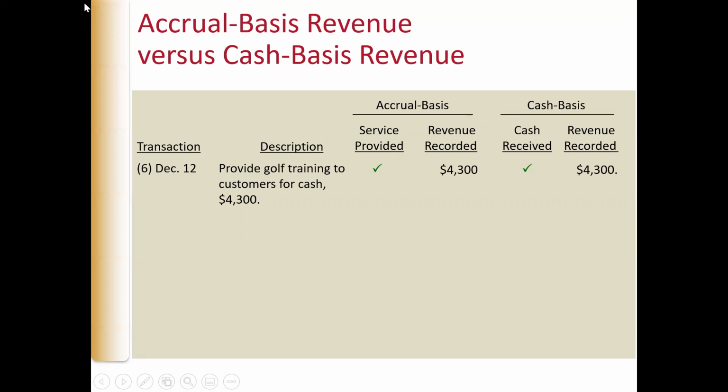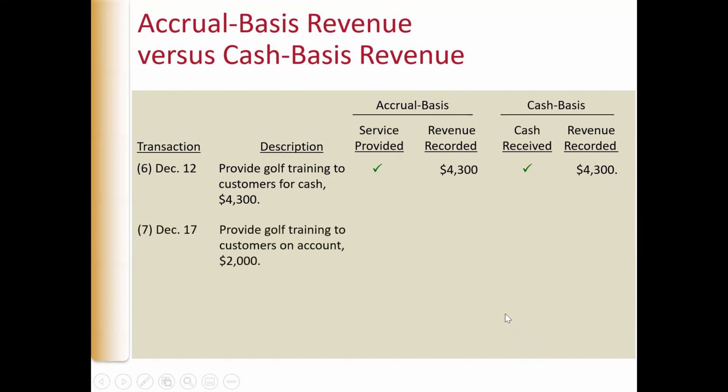So on December 12th, we provided golf training to the customers. So that's why we're going to show it on December 12th. Under the cash basis of accounting, we record it when we get the cash. So do you see in this example, it's the same? We're recording under the accrual basis and the cash basis in the same manner.